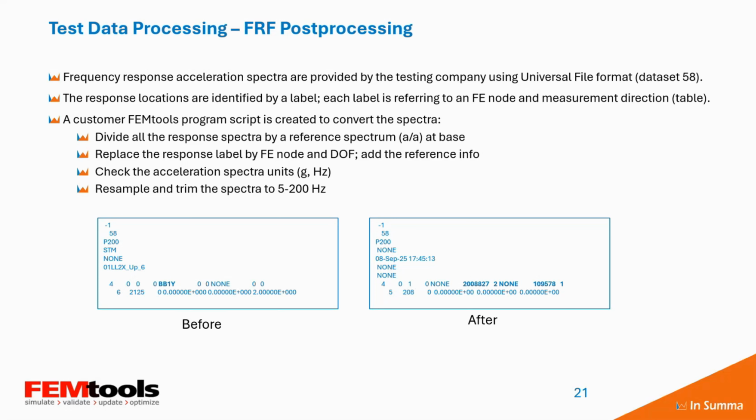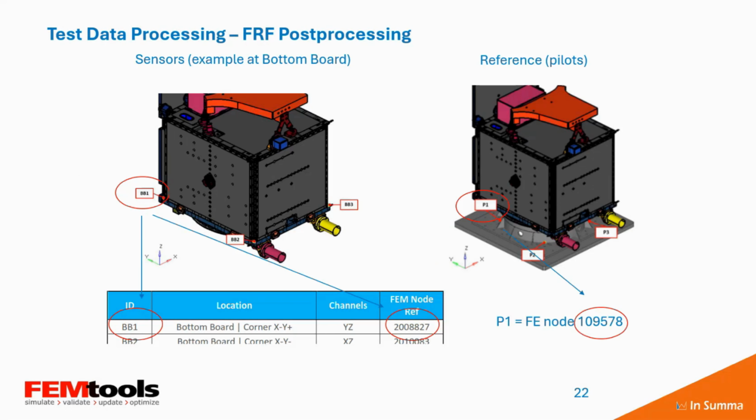Divide all the response spectra by a reference spectrum, so A over A at the base, and then replace the response label by an FE node and degree of freedom as well. Then check the acceleration spectra units, resample, and trim the spectra to between 25 and 200 hertz. Here an example is given of how that is done. We have a response label here, and we replace that with an FE node as listed on the right image. That is how we are able to overcome this.